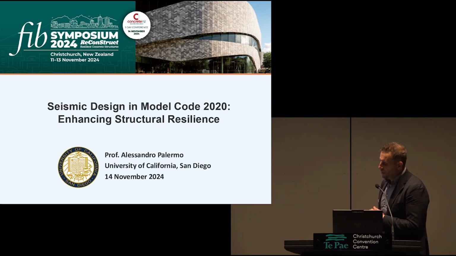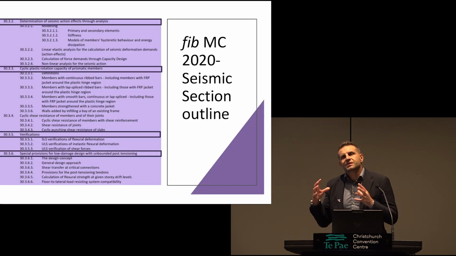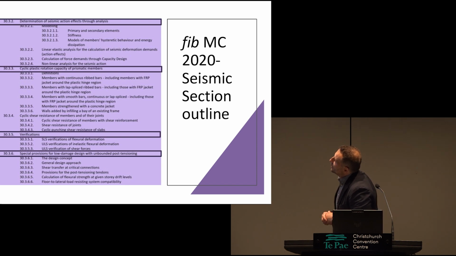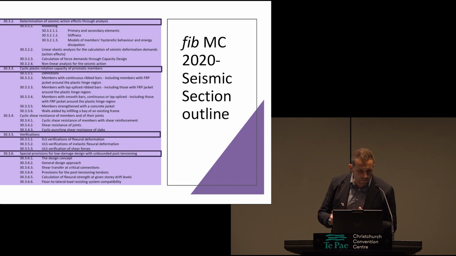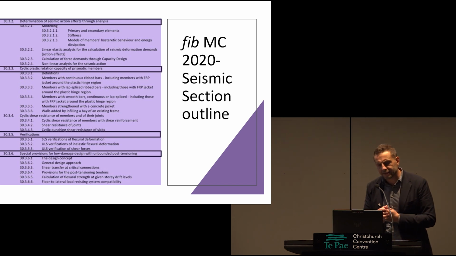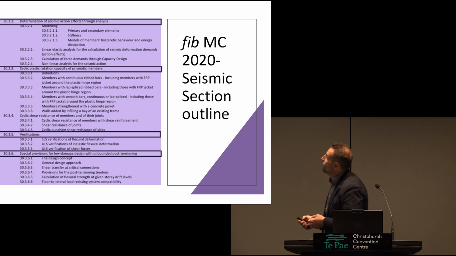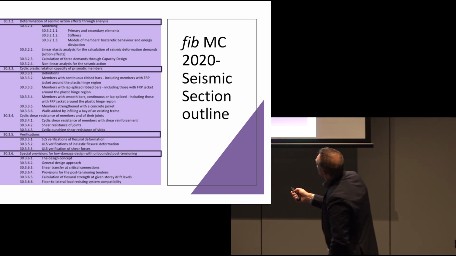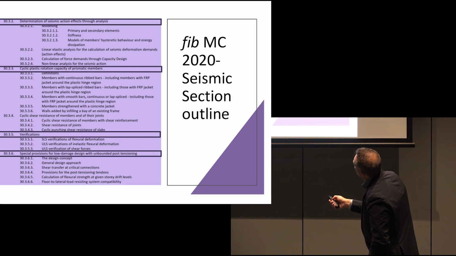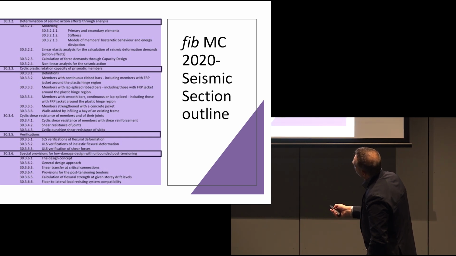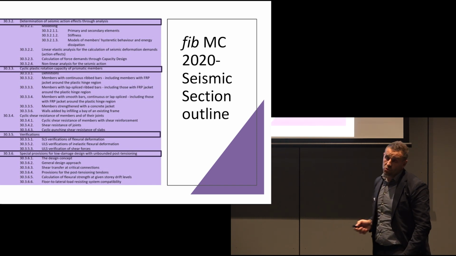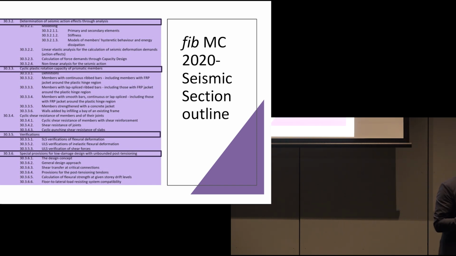The main component is really the part related to section 30.2. And as you can see, there are different components. Now, we will talk about these. You will have the seismic action effects, the cyclic plastic rotation capacity, the component verification, and then there is also special provision about low damage design.